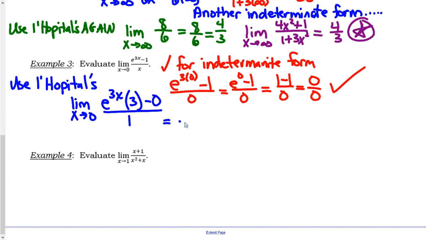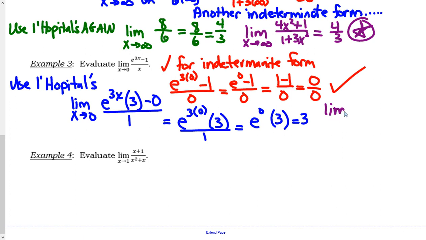That's going to be e raised to the 3 times 0, times 3, all over 1, which I don't need to really write. And so that is going to be e to the 0 times 3. And we again know e to the 0 is just 1. So that's just going to be 3. So now I can evaluate this limit. My limit as x approaches 0 of e to the 3x minus 1 all over x is equal to 3.